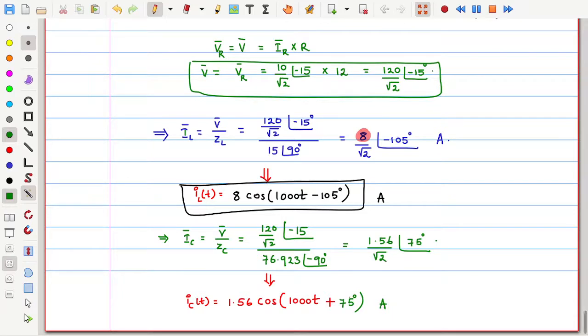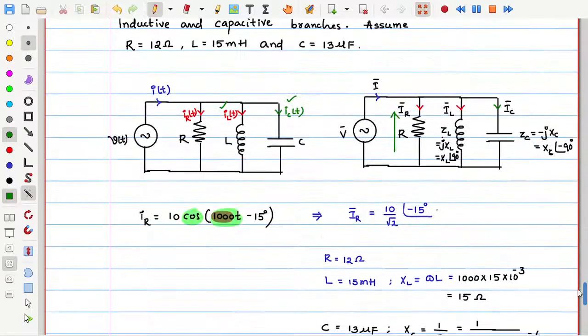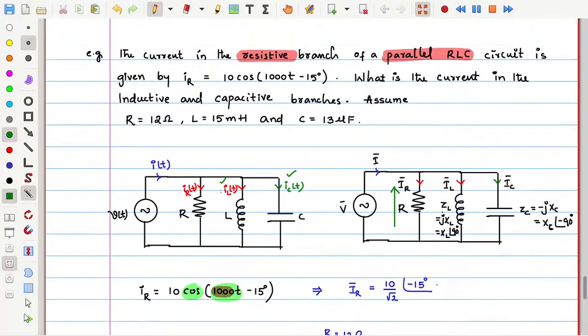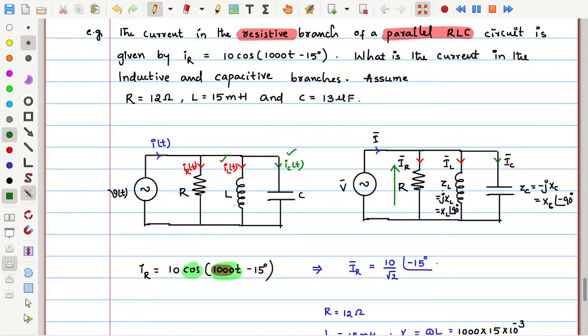So this is what the IC. So you can go from phasor domain to time domain. You can live in the phasor domain, but if somebody asks what is the time domain current, why? Because they had given the resistive branch current in time domain, and they asked to find the inductive branch current and capacitive branch current. So in this way one can do the calculations of the required things.